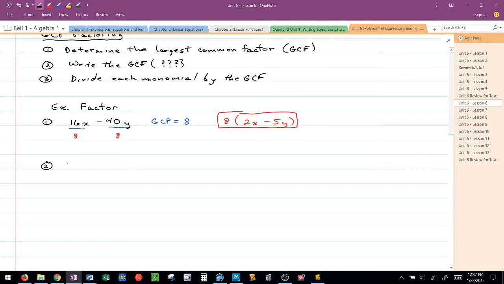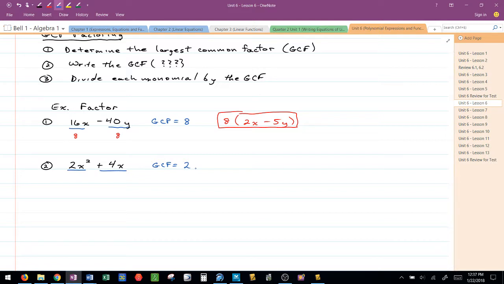All right, let's try another one. In this one, let's not only have common numbers, but also common variables. I'm going to look at each of these two terms. I notice the GCF for the numbers would be 2. They are both divisible by 2. But I also notice they both share the same variable.